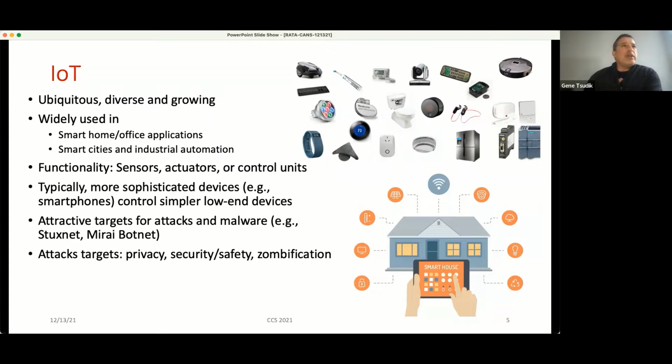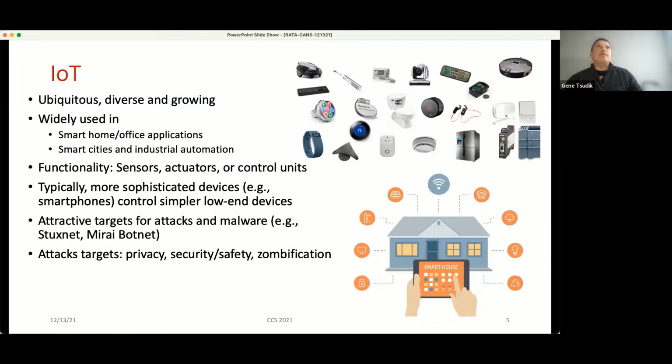Some are actuators, like a light switch, or a smart wall plug. And some are hybrids of sensors and actuators, like, for example, a smoke detector will sense CO2 or smoke and then actuate by ringing an alarm. Some are purely control units, but most are sensors, actuators, or hybrids.